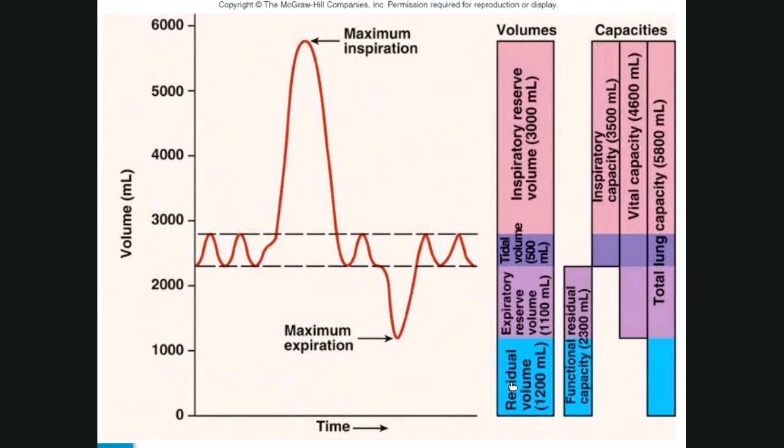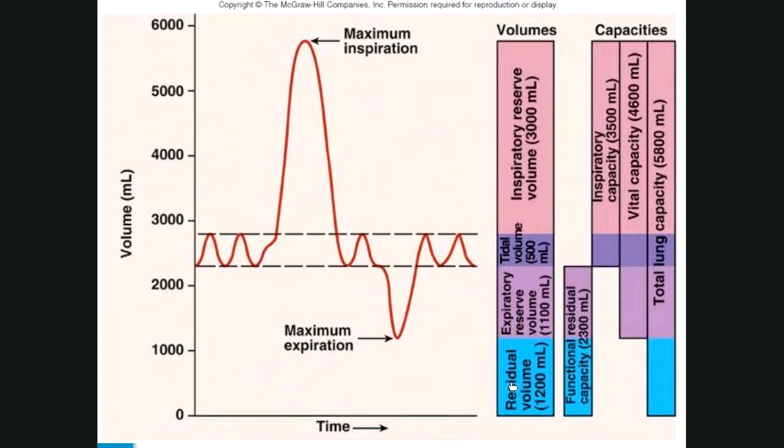I want you to understand this figure very well because a number of questions in the MCQs are usually from this figure. So you need to differentiate between the amount of air inside the lung and the amount of air which is inspired when we are explaining the scenario of the question.